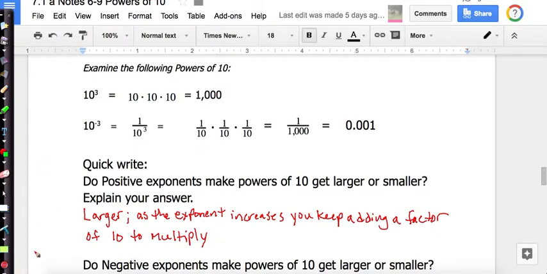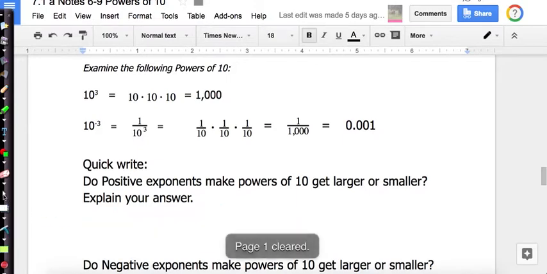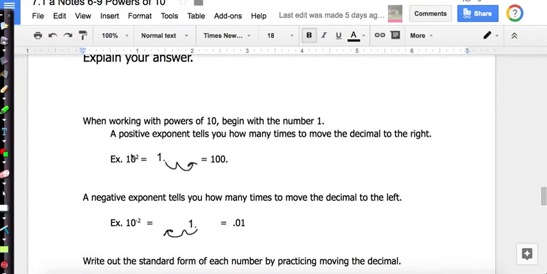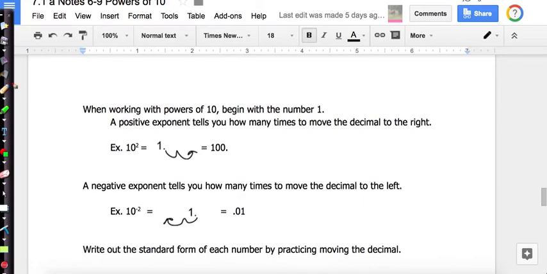So on the flip side, what happens with negative exponents? Hopefully you're thinking smaller. Oops, and I forgot a period here. So let's go down to the negative exponents and write: smaller.